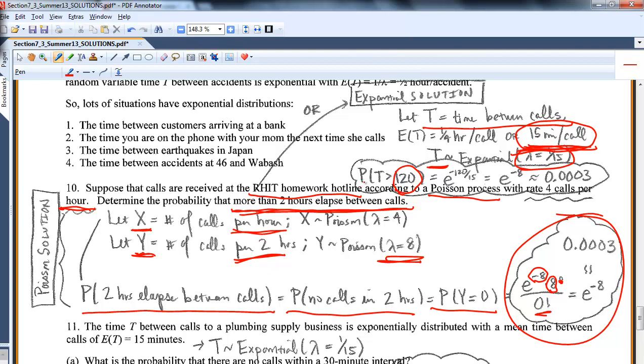So I'm solving the probability t bigger than 120 with an exponential of a parameter of 1 over 15. I'm using the survivor function here, and I get the same value as I would down here. So I can either say, what's the probability that no calls come in a 2-hour period, which is the same thing as saying the time between calls is more than 120 minutes. So there's that nice relationship.